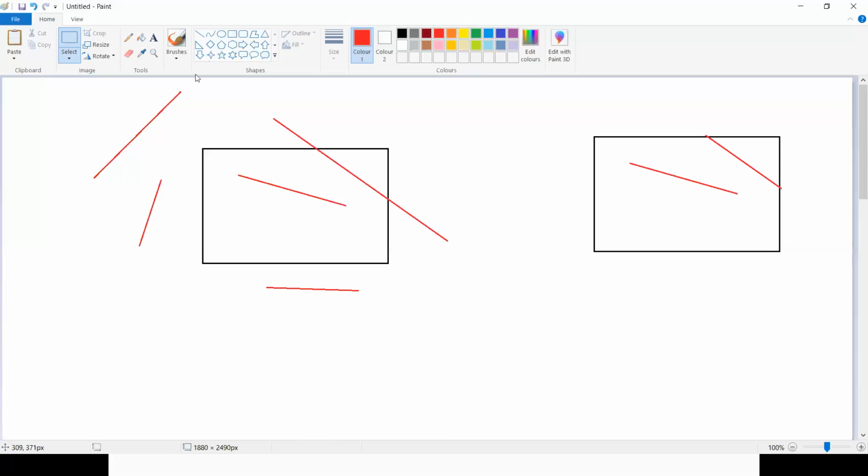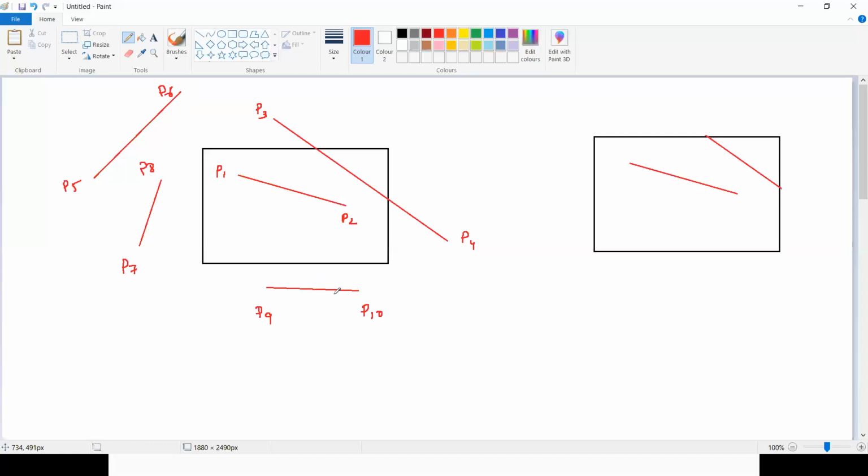Fine. So let us say this is the point P1. For this particular line segment L1, the line points are P1, P2. For this line segment, this is P3, P4. For this line segment, this is P5, P6. For this one, P7, P8. And for this one, P9 and P10.